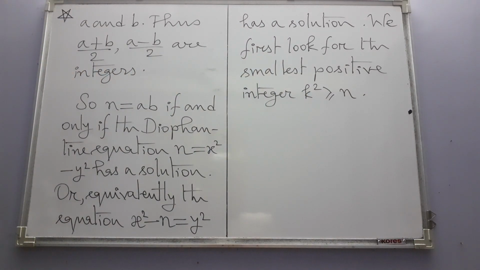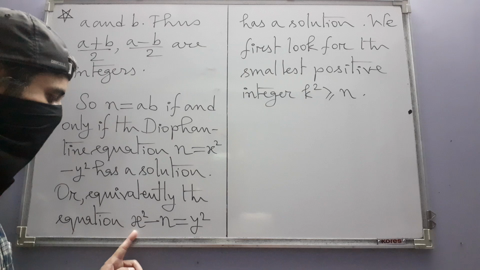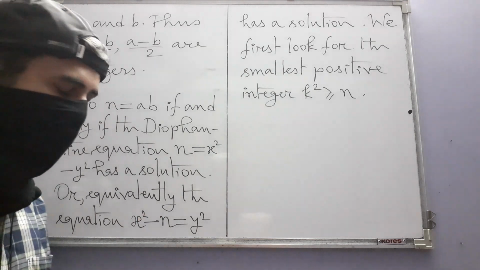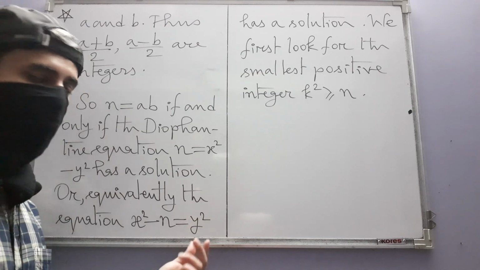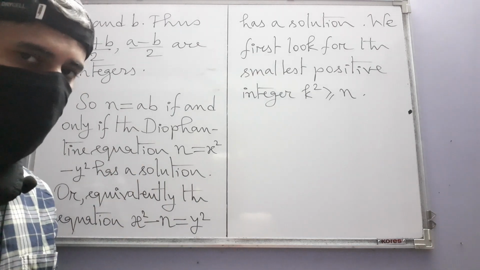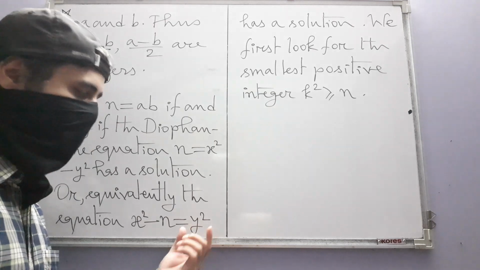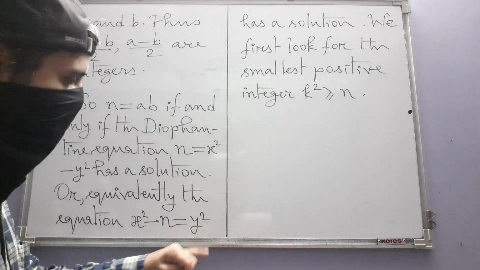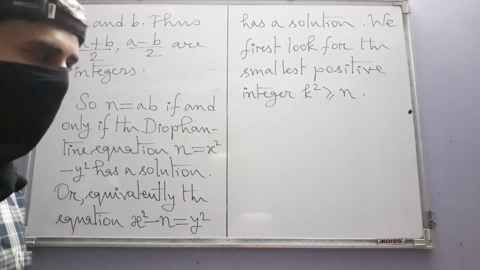Why do we need this? Because otherwise if you put k here in place of x, then k square minus n will be negative, and so there is no possibility of that negative being the square of an integer, obviously, because when you take the square of any real number, and in particular any integer, it is always non-negative, it's never negative.